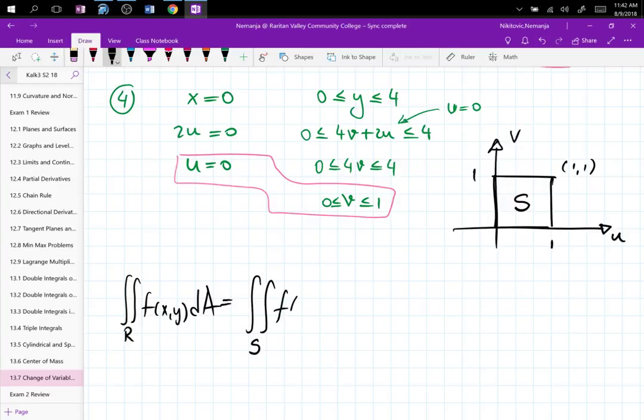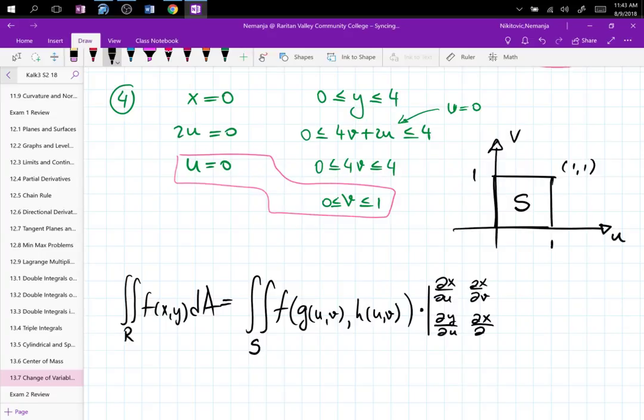We have F, where each x and y is transformed with the transformation in u and v, times the determinant of the Jacobian, and the Jacobian is partial x partial u, partial x partial v, partial y partial u, partial y partial v, dA.